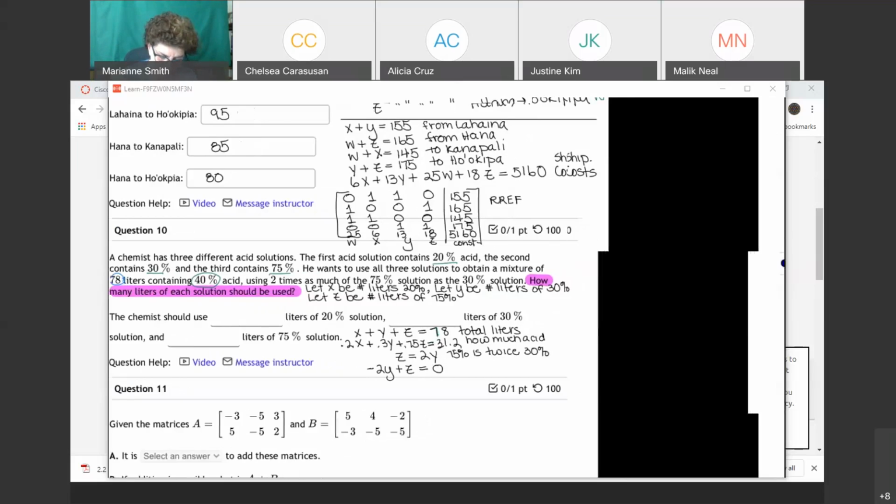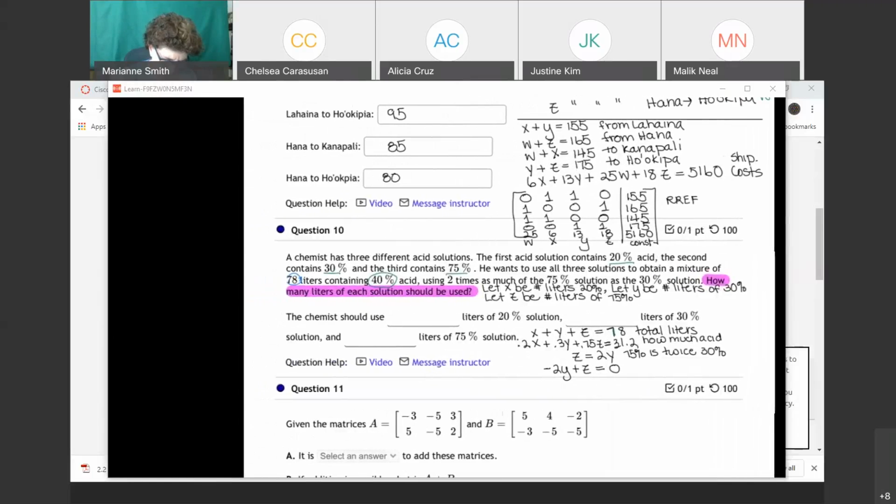Okay, so your matrix would look like this. 1, 1, 1, and 78. 0.2, 0.3, 0.75, and this one would be 31.2. And then you have 0, minus 2, 1, 0.